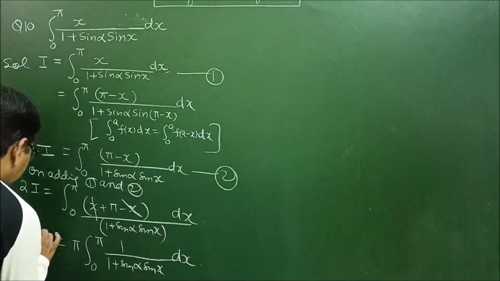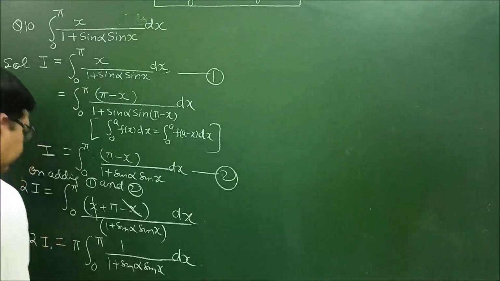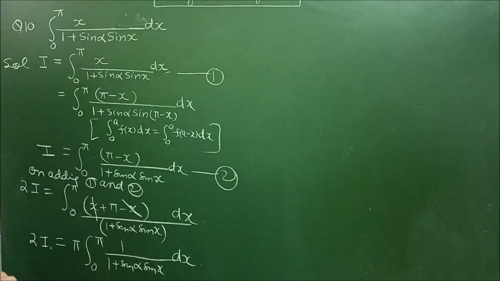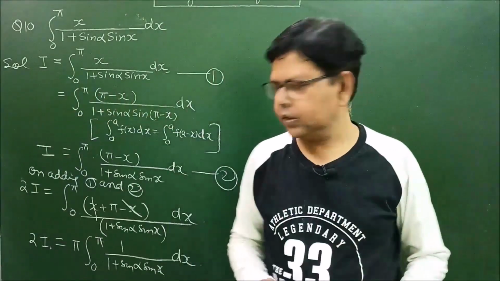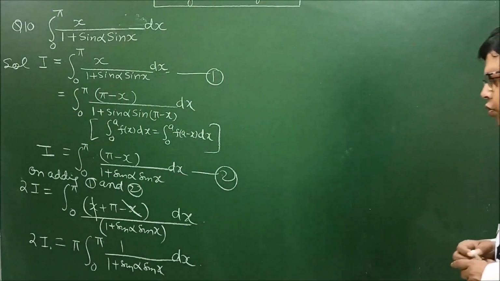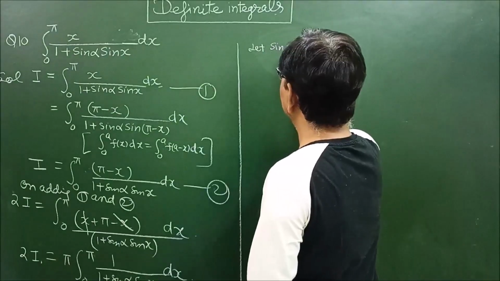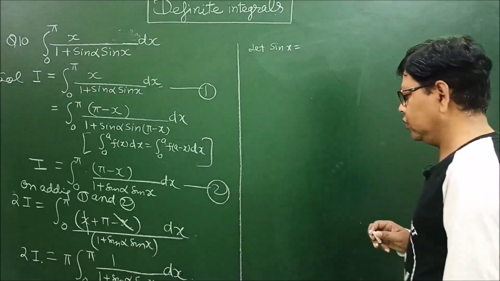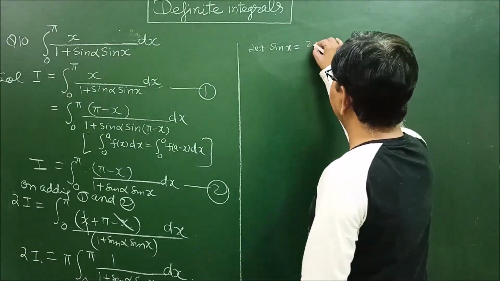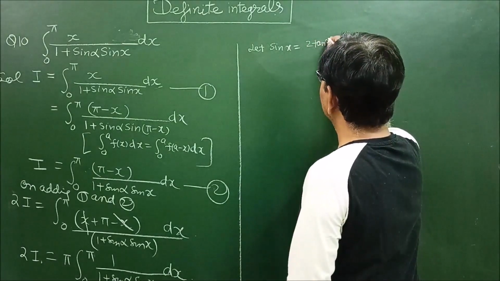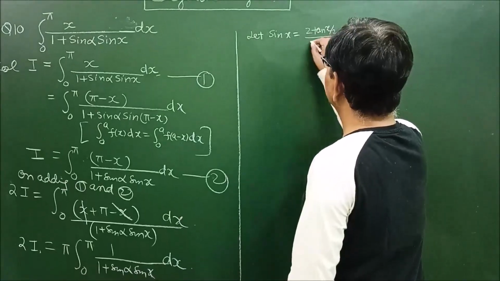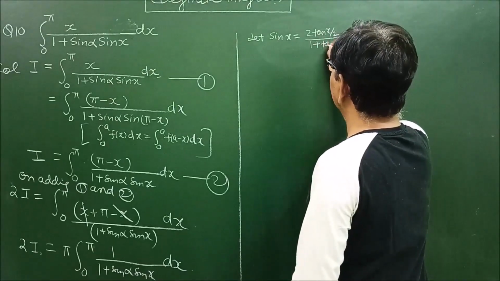Now, 1 plus sine alpha into sin x, where sin x is equal to 2 tan x by 2 upon 1 plus tan square x by 2.